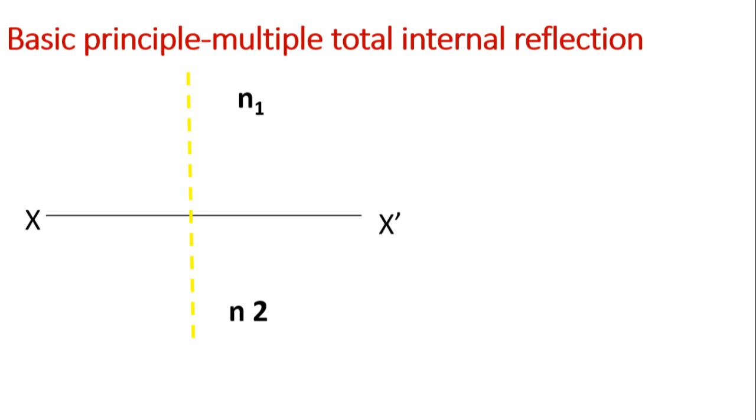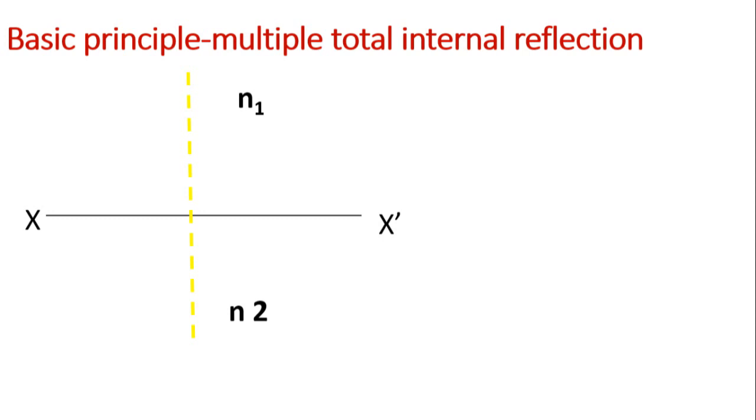Core and cladding are the two regions of refractive index n1 and n2, separated by a particular boundary called x dash. X dash is the region in between the core and cladding, called the interfacial region. Interfacial regions are the boundary regions of two different refractive index materials.